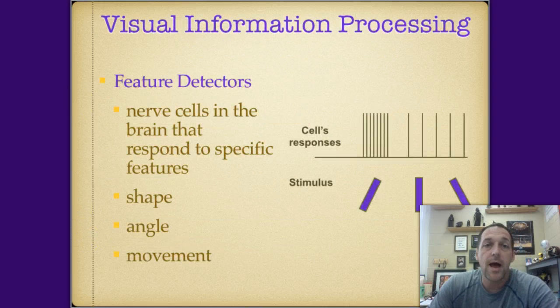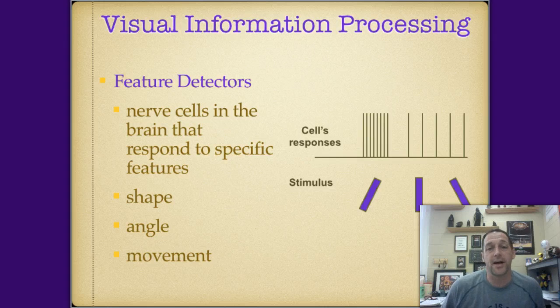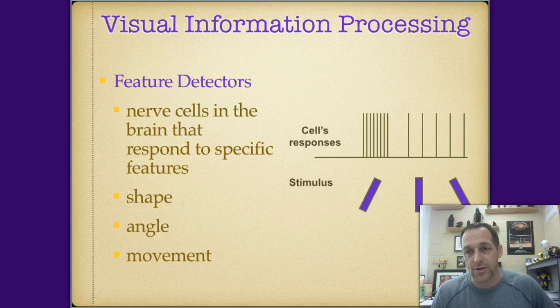Got that. Now, this is interesting, feature detectors. And I have a video, most of which is kind of boring, but this part's kind of cool. I'll try to show it to you in class. They have nerve cells in the brain that respond to specific features, okay, shapes, angles, movements. And that is how we start to interpret, for instance, how do we know an A is an A and not an H?